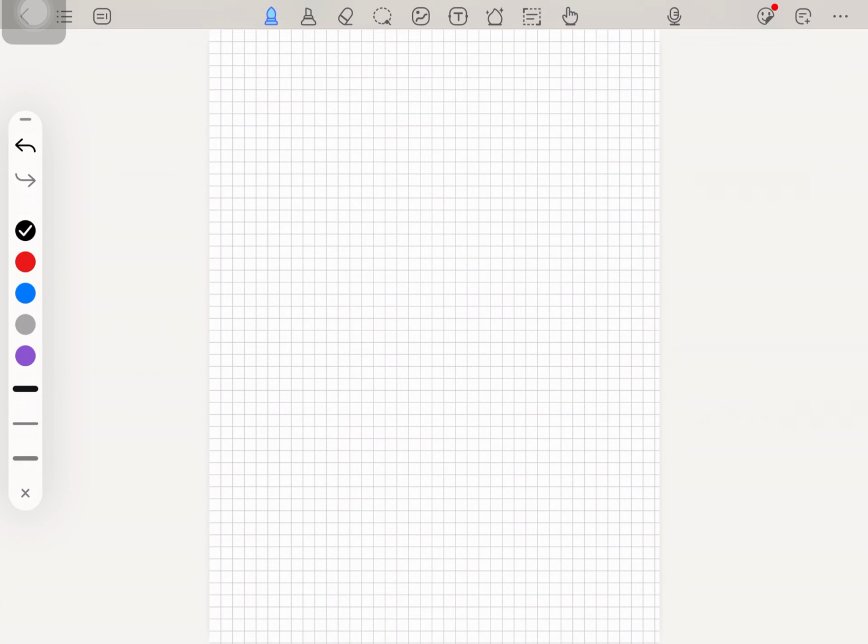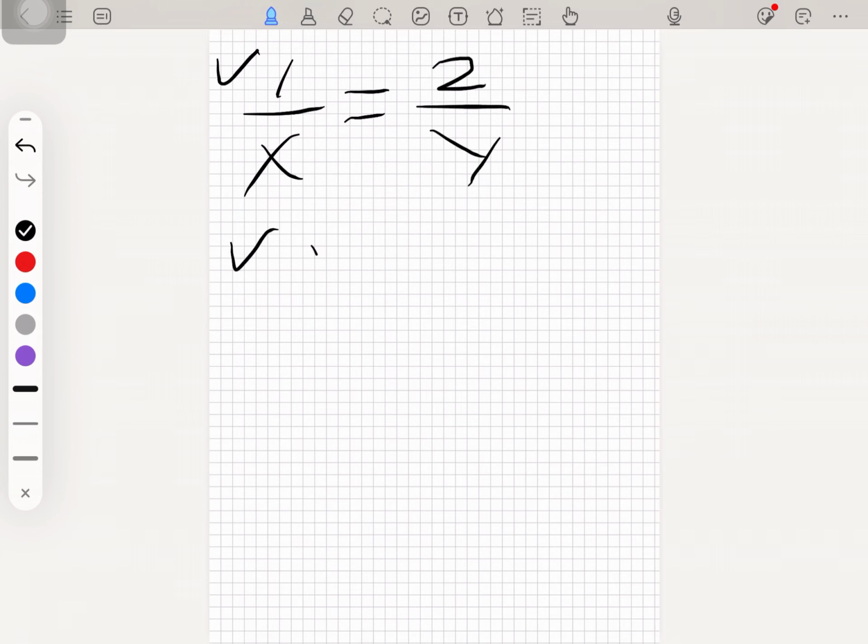So let's take the first and second ratios together, and we'll get 1 over x is equal to 2 over y. From this we get y is equal to 2x. We have done this entire mathematical process considering that those two equations are coincident, right?